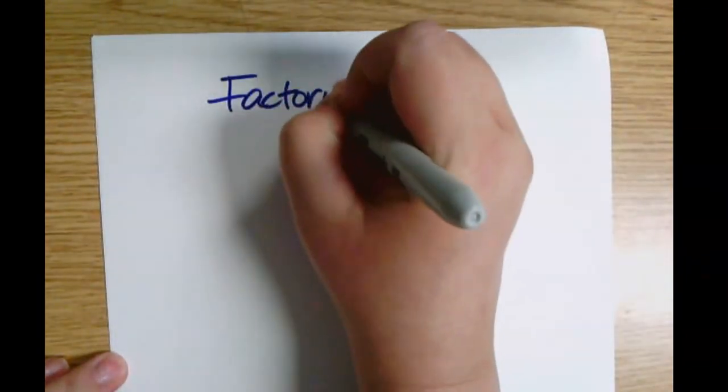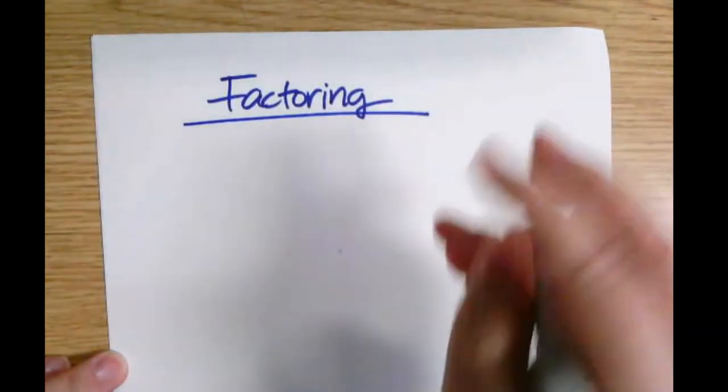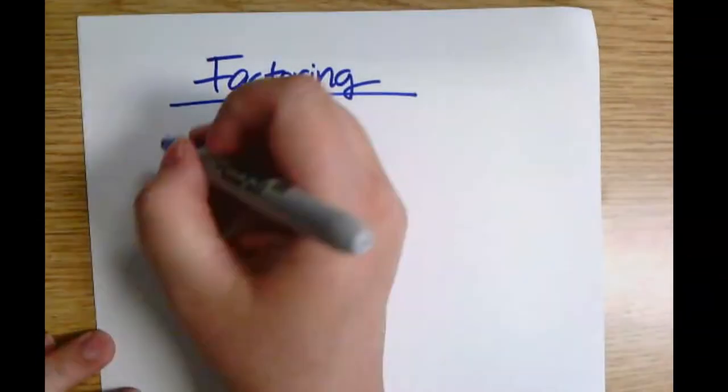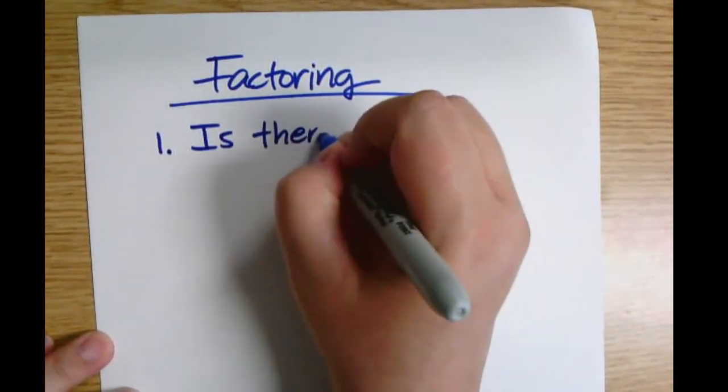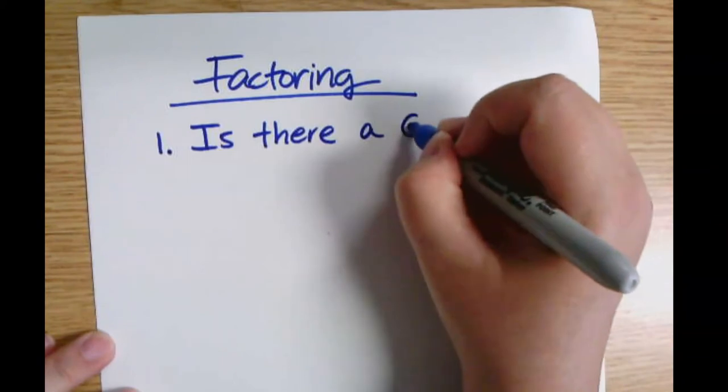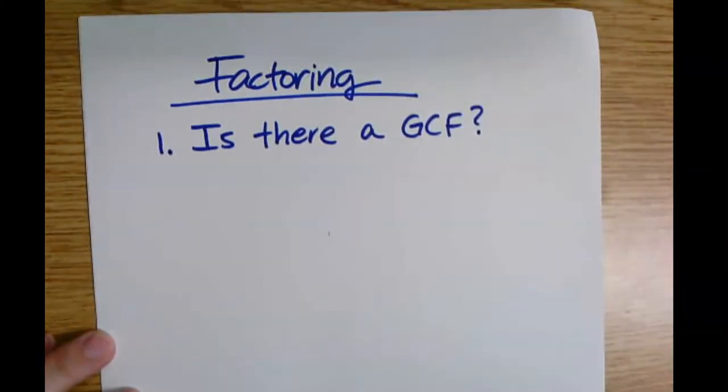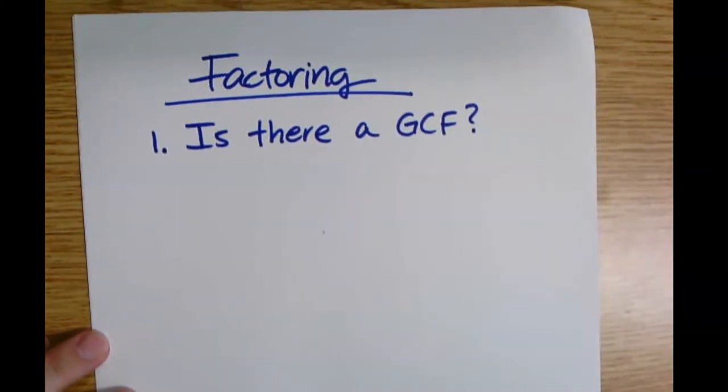When we are factoring, here's the order in which I would ask questions. Number one, is there a greatest common factor? If there's a greatest common factor, go ahead and pull it out.